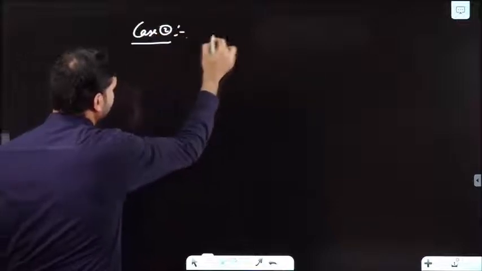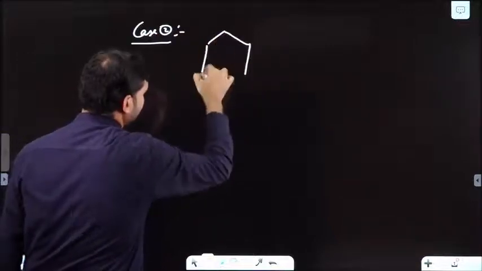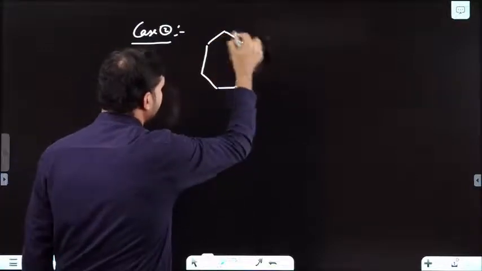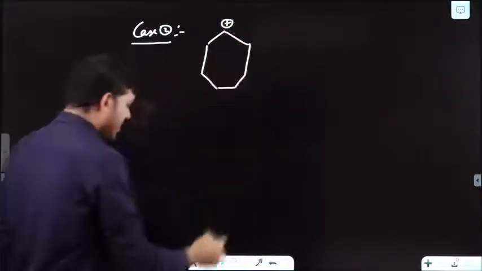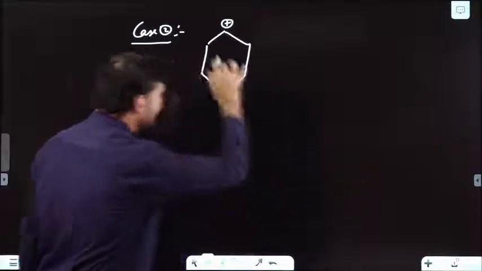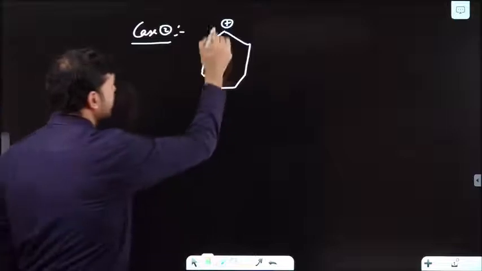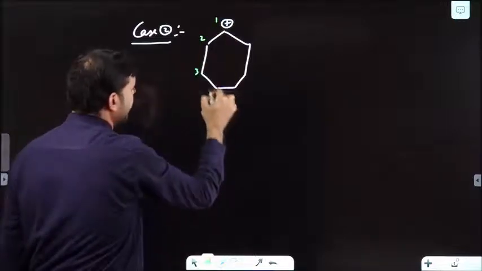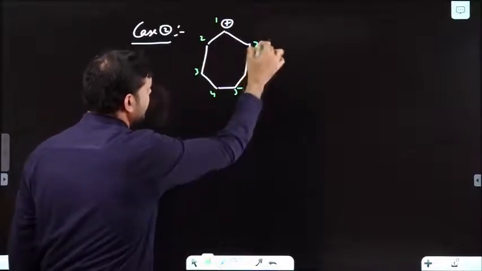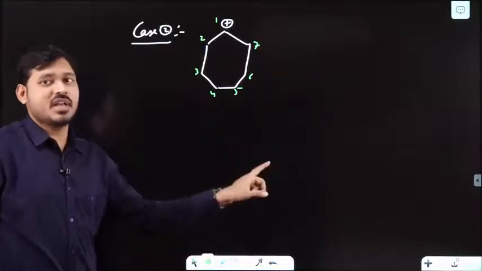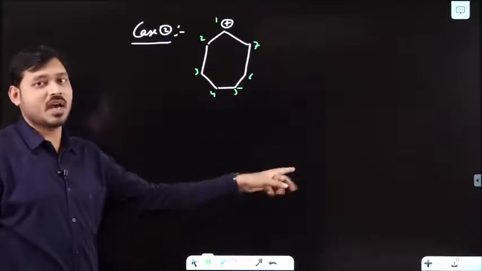Case 2. Now students, understand this case. Here you have a 7-membered ring. Suppose I say 1, 2, 3, 4, 5, 6, 7. See, in 4 to 3, I told you about the extraordinary stability of the CPM carbocation.